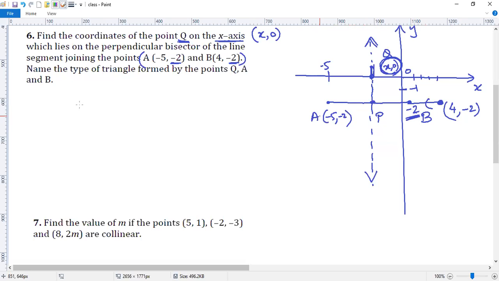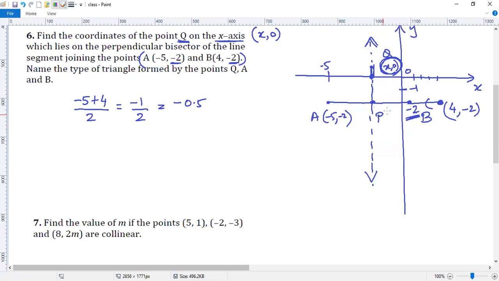How will you identify that x coordinate value? x1 plus x2 divided by 2. So it is -5 plus 4 divided by 2. That will be -1 by 2 or minus half. Correct? So minus half is the x coordinate value where it is crossing.